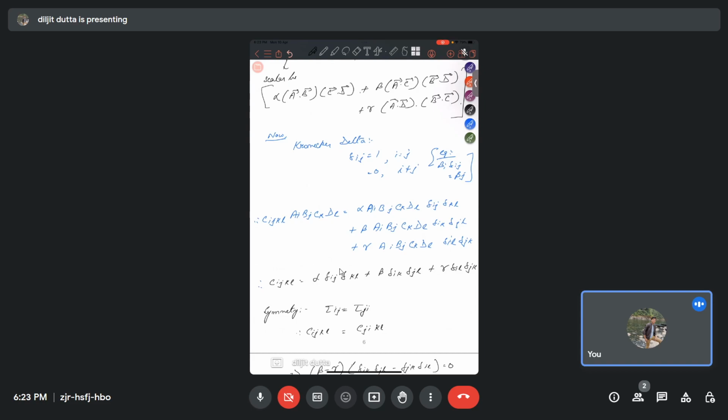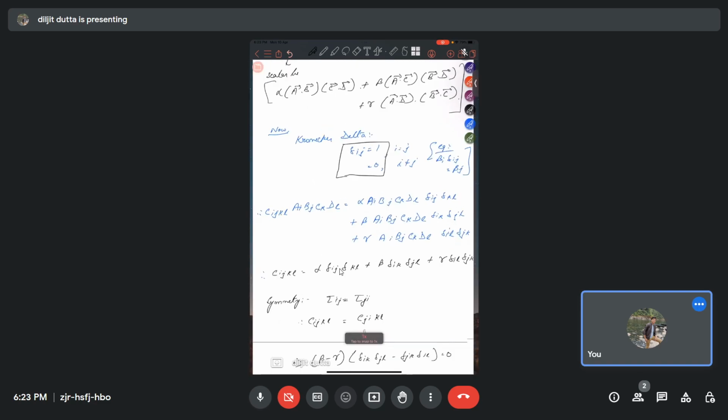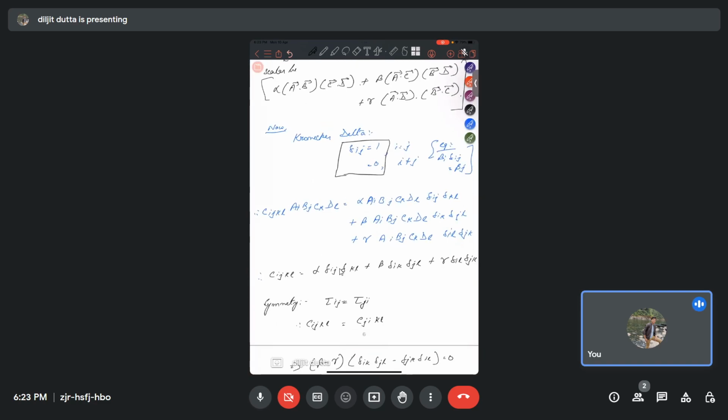Now we will define something called the Kronecker delta. It is just to make our computations easy and convenient. It is defined as delta ij, and delta ij is equal to 1 if i is equal to j, and it is 0 if i is not equal to j.